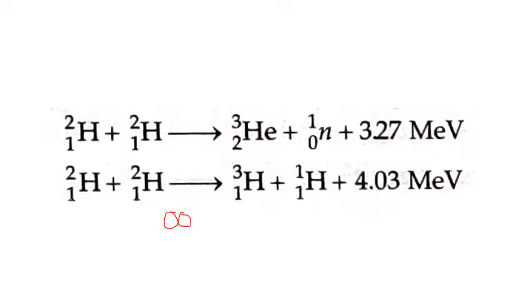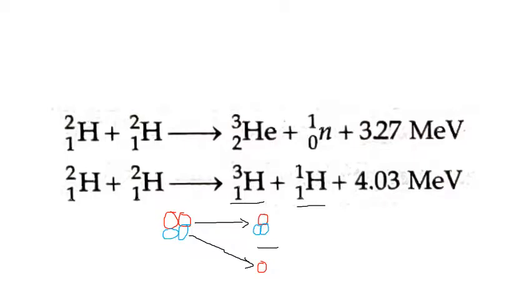So you can also understand it like this. Suppose that unstable heavier nuclei had the two protons and two neutrons, the four nucleons bound together, proton neutron proton neutron. This disintegrates into a tritium and a hydrogen.